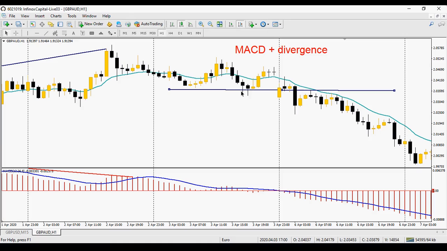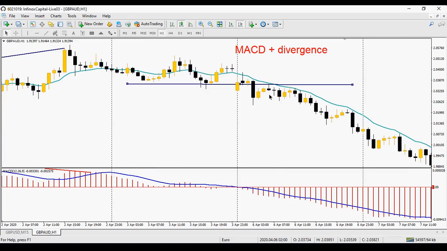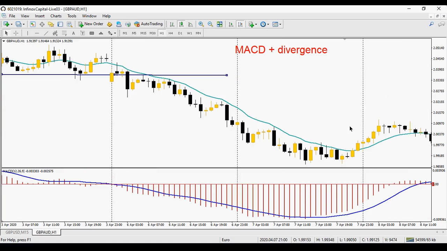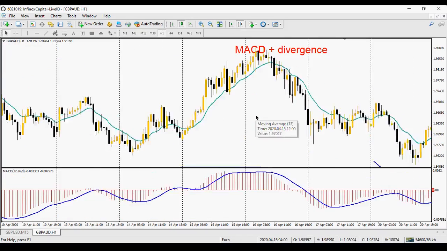Of course, price started making lower low, lower high, so I know that the trend has changed from bullish to bearish. When I enter here, I put my stop loss above these guys. I know that I can take on the trade on and on like that.